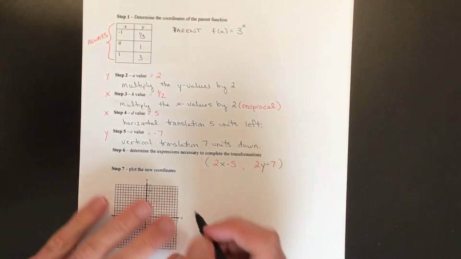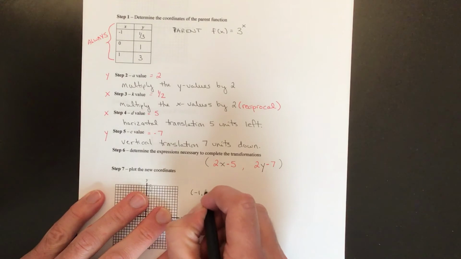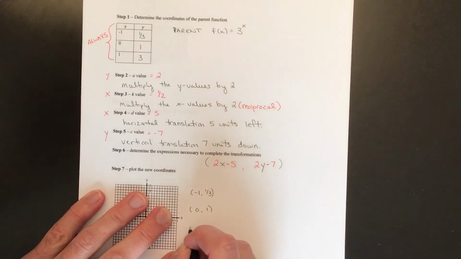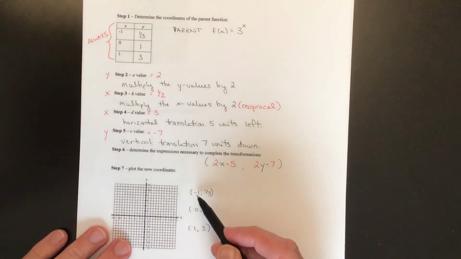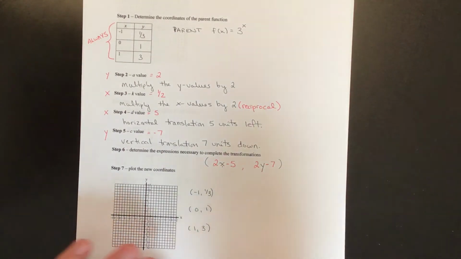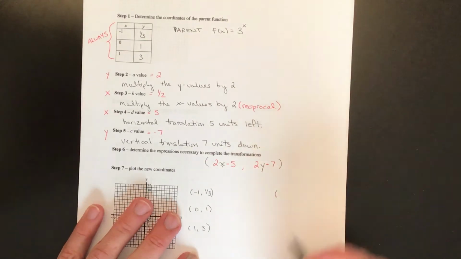So from my parent function, I have negative 1 and 1/3, 0, 1, and 1, 3. I'm going to take my x's, I'm going to sub them in here for x, and I'm going to get my new values. So I take these, I sub them in, and let's see what we get.